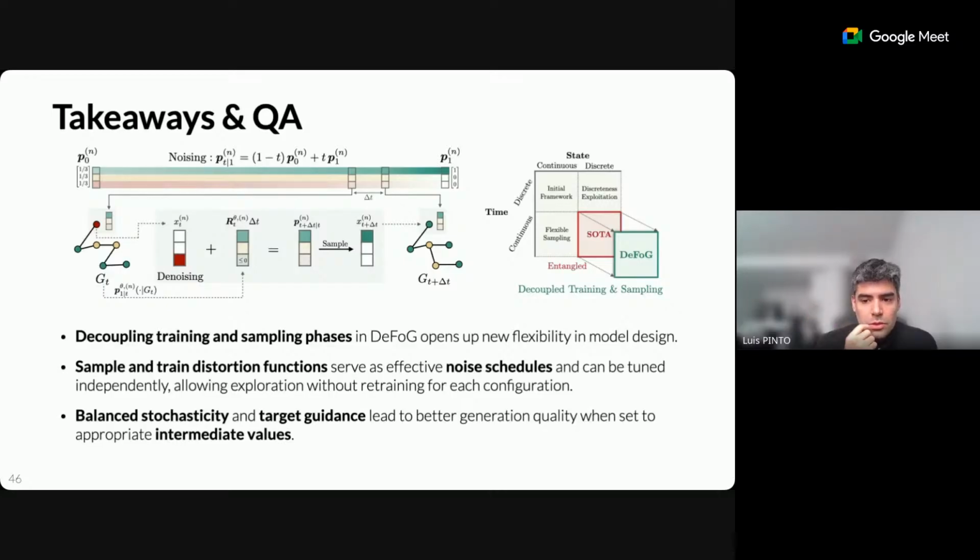Most of the newer models are just diffusion, and they don't leverage the improvements over diffusion that you show. Do you have any comments on why? Do you know?